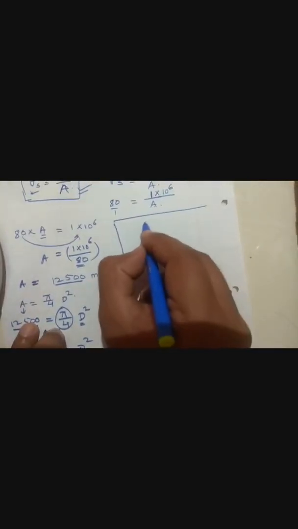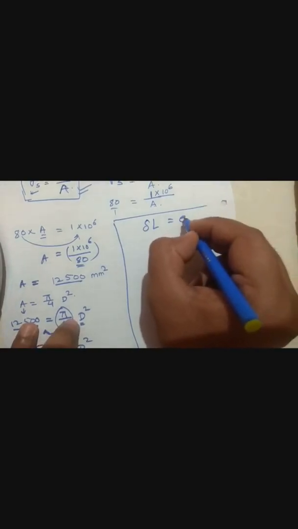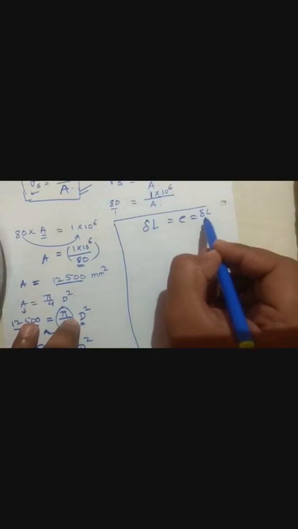Now the second part of the problem is we have to find the change in length, that is delta L, and we know that this quantity is in strain. The formula of strain is equal to change in length to the original length.